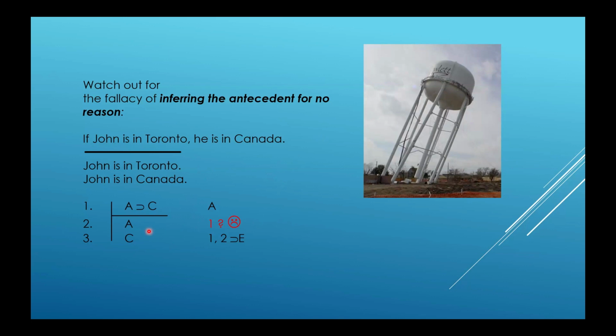This is the kind of thing that people do when they're staring at a derivation that has a conditional in it. They don't know what they're going to do, and so they just start inferring things, and they think that this is going to help them get somewhere. And it doesn't, is the thing. When we get to talking about strategy, we'll talk about the kind of things you need to do in order to avoid getting so desperate that you make moves like this. Okay.